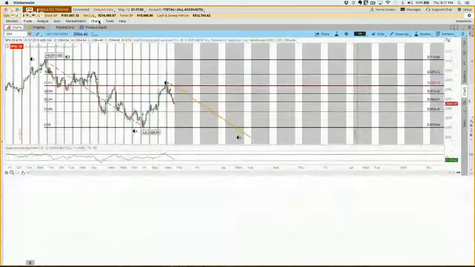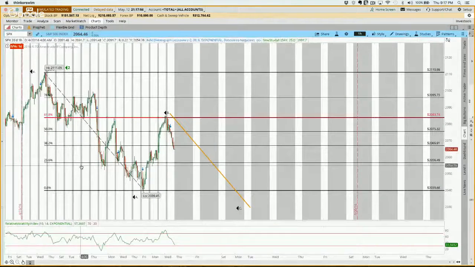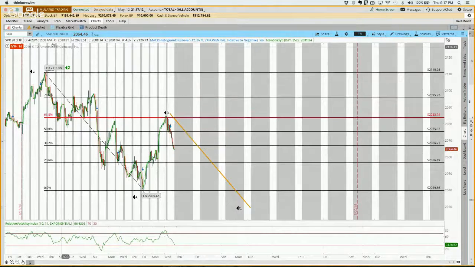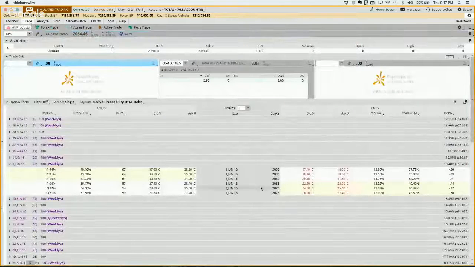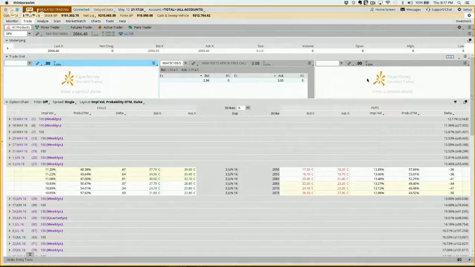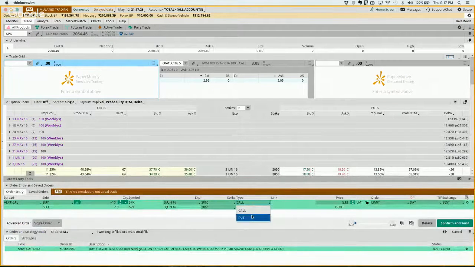So it's going to be a put debit spread, right? So we know that if SPX rises to 2083, my vertical spread will be triggered or activated. Okay, so step one, the same way you're entering a vertical spread, buy vertical, so put debit spread.